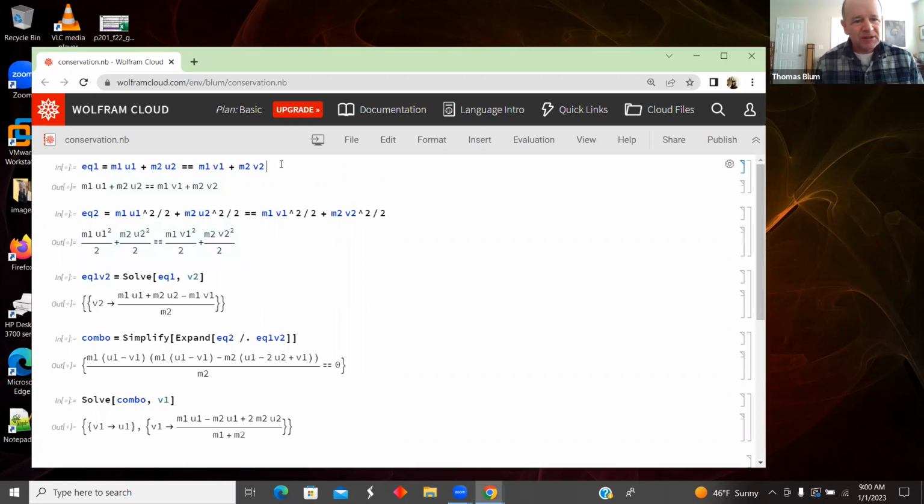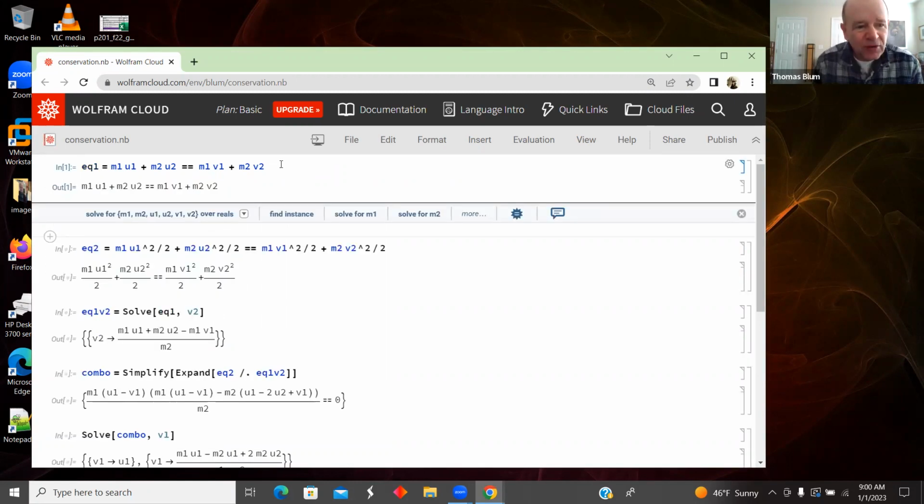Okay, so let's Shift+Enter this. Now I can refer to this equation as Out[1], but I can also refer to it as EQ1. And note that I have spaces.